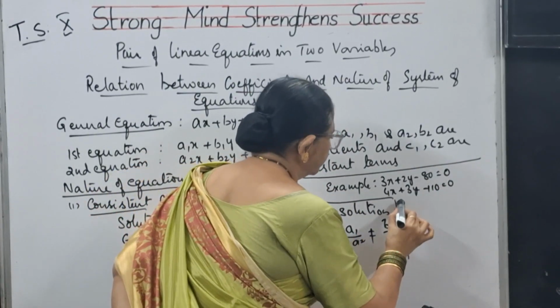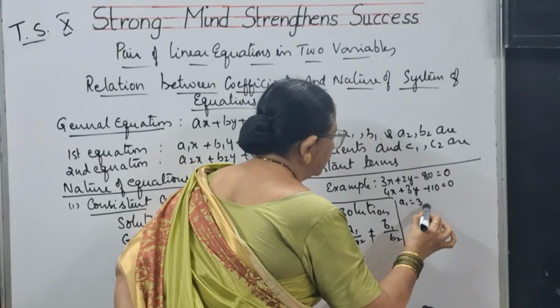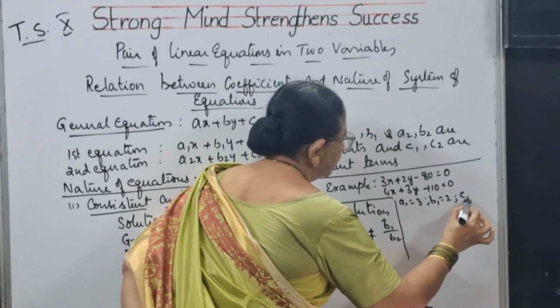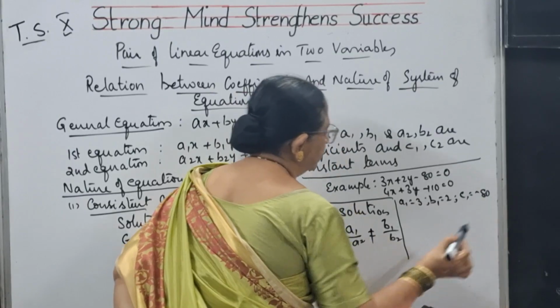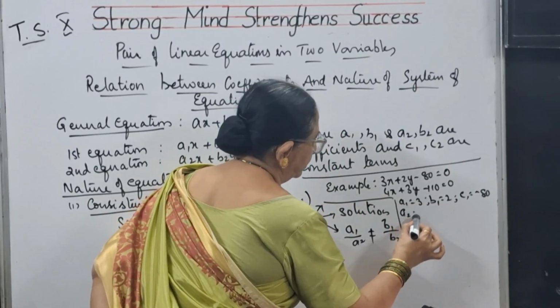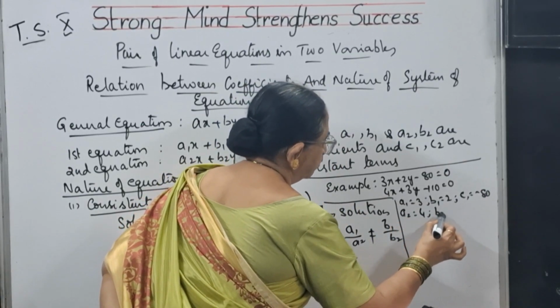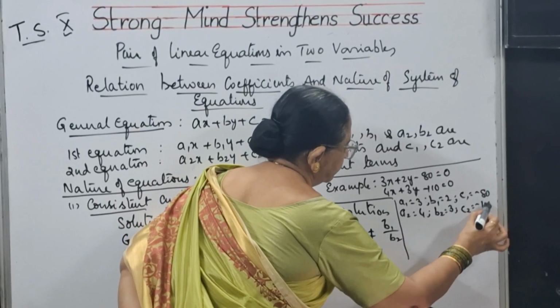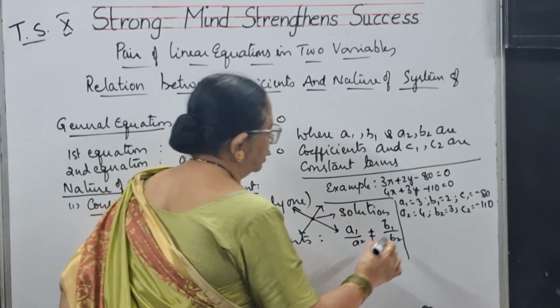So in this, a1 is 3, b1 is 2, c1 is minus 80, a2 is 4, b2 is 3, c2 is minus 110. Along with the sign you have to take.